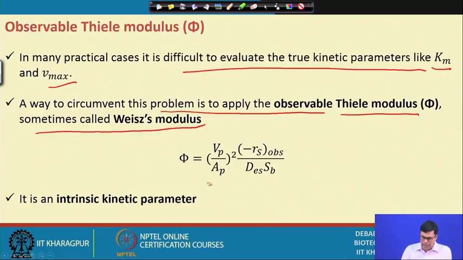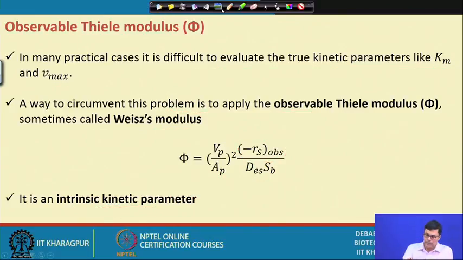This is phi equal to Vp by Ap. What is Vp? Volume of the particle. Ap is the area of the particle. Rs is the observed rate of reaction, and De is the diffusivity, Sb is the bulk surface concentration, and these are called intrinsic kinetic parameters.